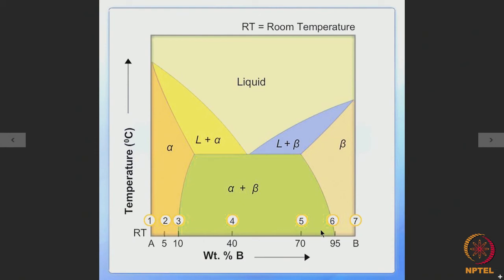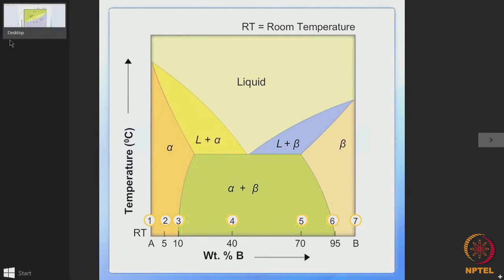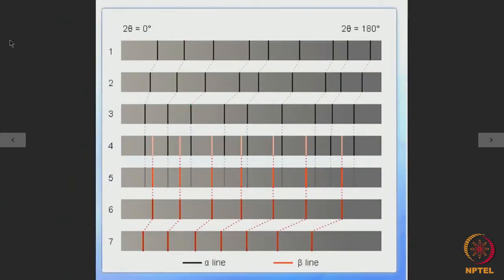And there are two X-ray diffraction methods by which we can determine the location of the solvus lines as a function of temperature. So, the locations of the solvus curves as a function of temperature can be easily determined using the X-ray diffraction method. Now, let us see how the whole thing is done.